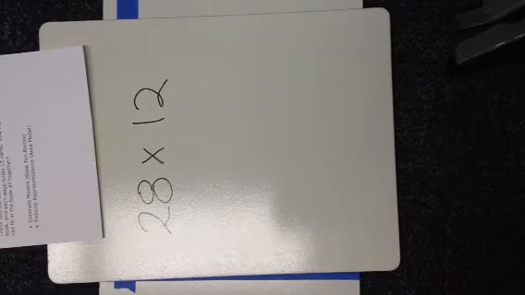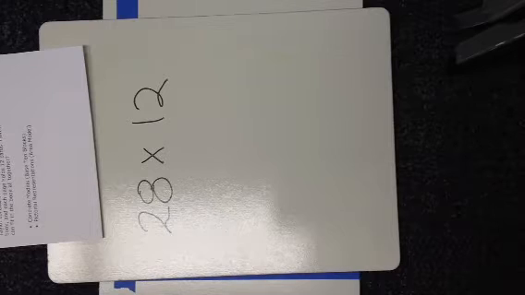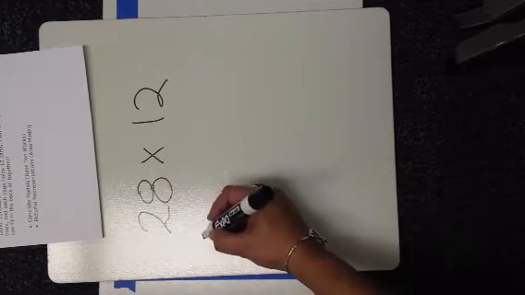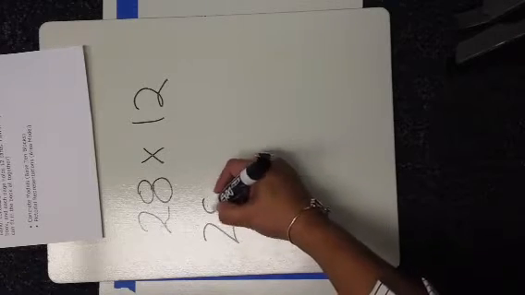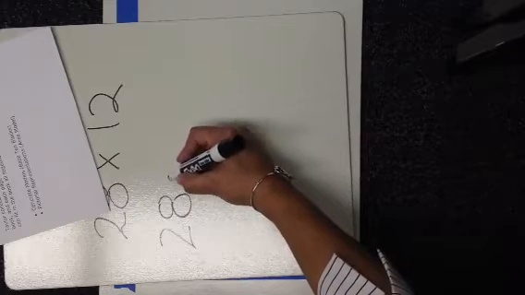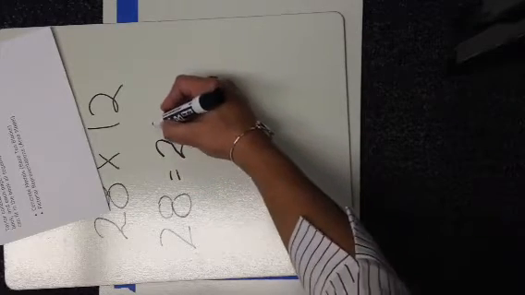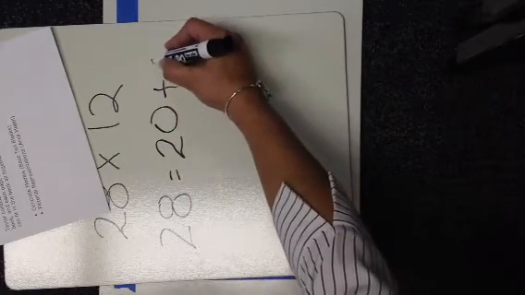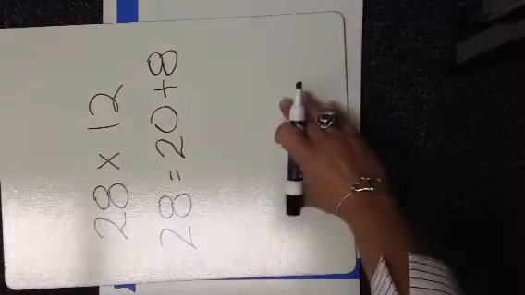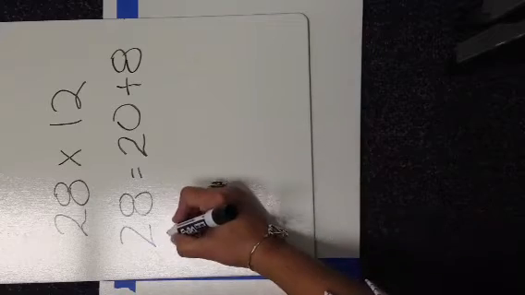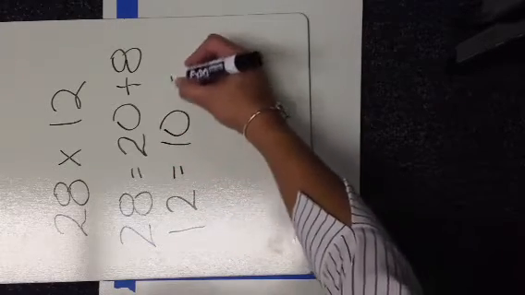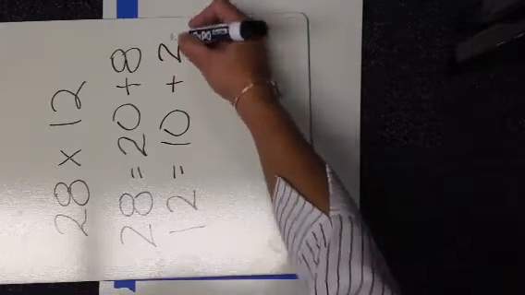With the concrete model, we need to recall how 28 can be represented as 20 plus 8, and 12 can be represented as 10 plus 2.